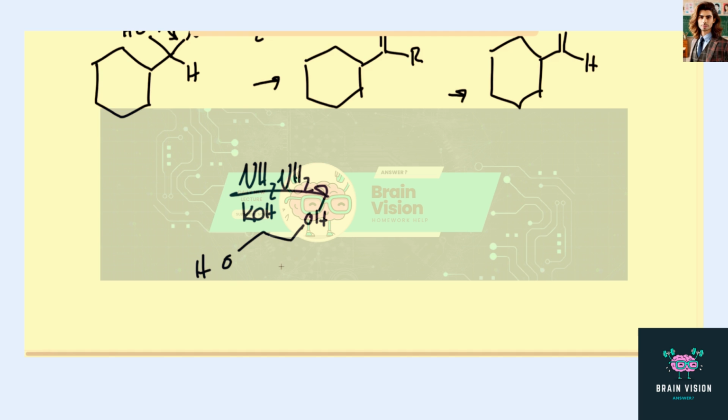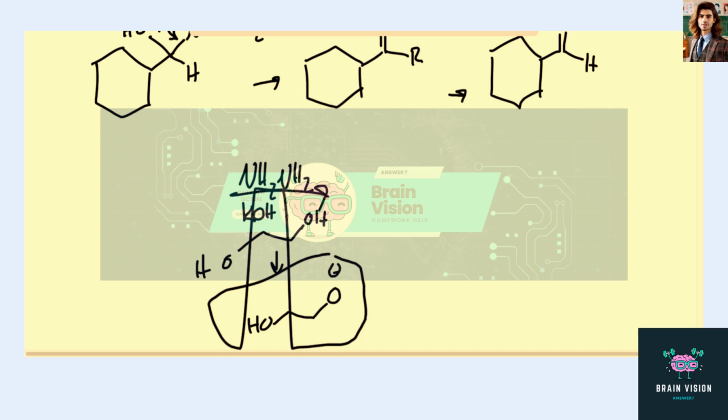The base will essentially turn this 1,2 ethane diol into O minus. So that's where I'm going to introduce that, and that's where that's coming from. It's just one of the reagents.